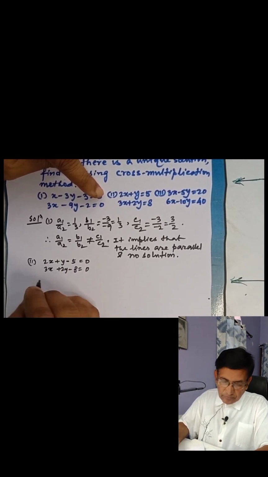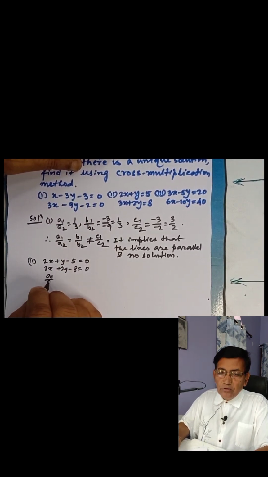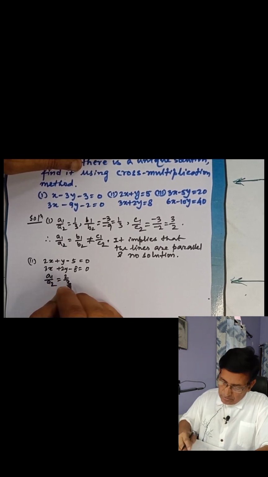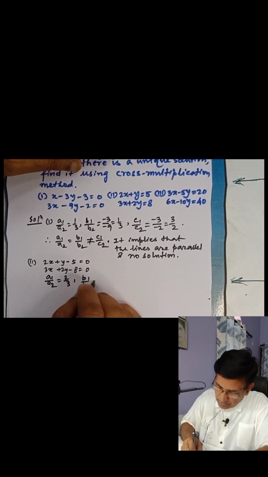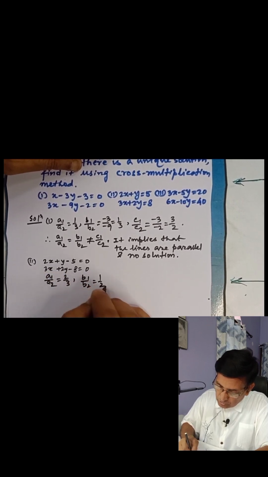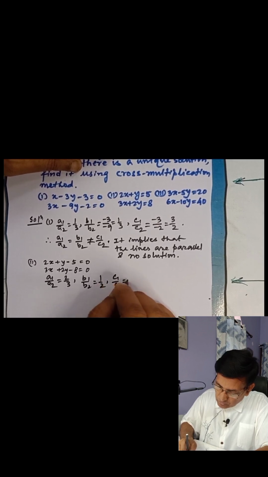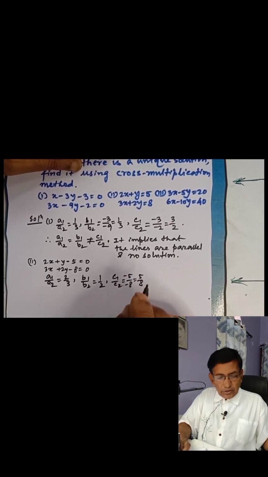From here, A1 by A2 is equal to 2/3. B1 by B2 is equal to half. C1 by C2 is equal to minus 5 by minus 8 is equal to 5 by 8.